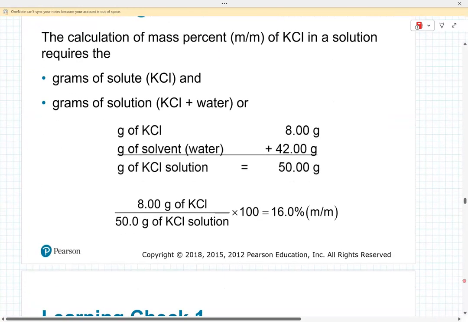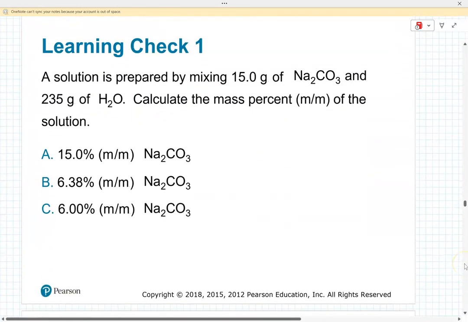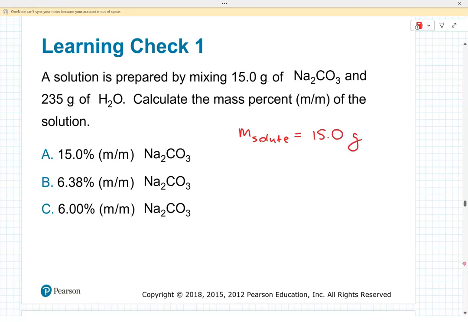So that's the calculation of the mass percent. So let's see what we've got here. We have 15 grams of solute, so mass of solute is 15.0 grams. Agreed? Mass of solution is what? What do I need to do to find the mass of the solution? Plus 235 grams gives us 250 grams.